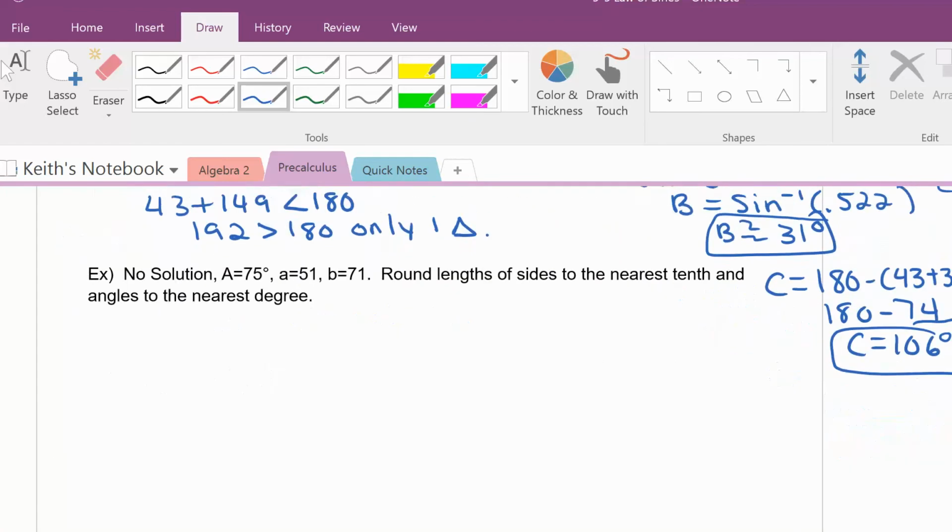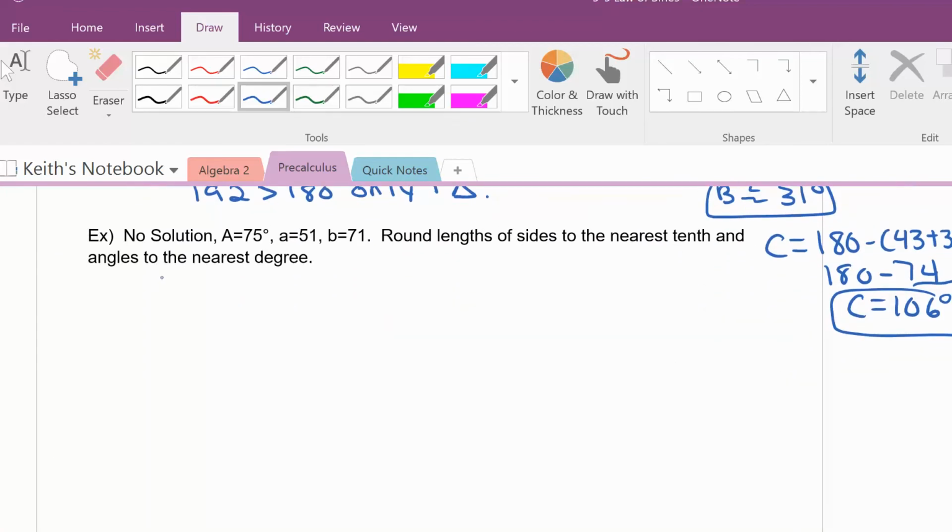Now, for the next one, if there's no solution, same thing, we're going to draw the triangle. We'll put A where we normally put it.